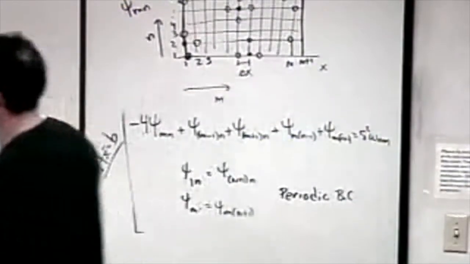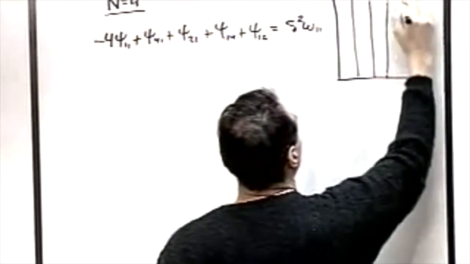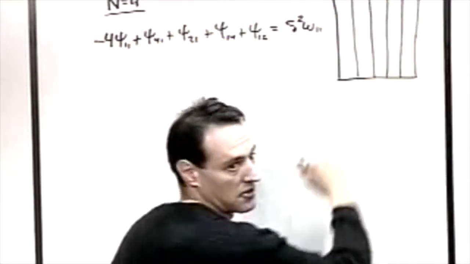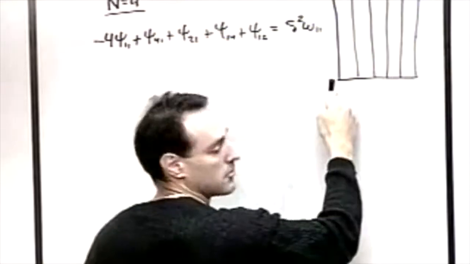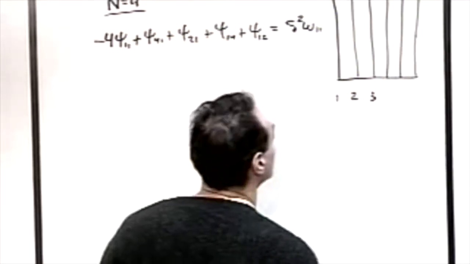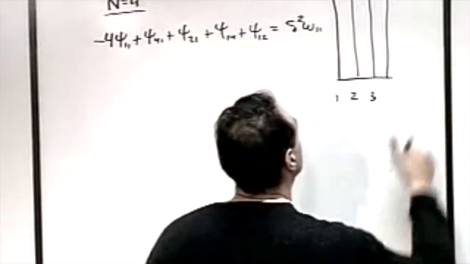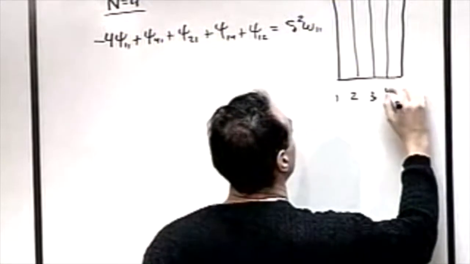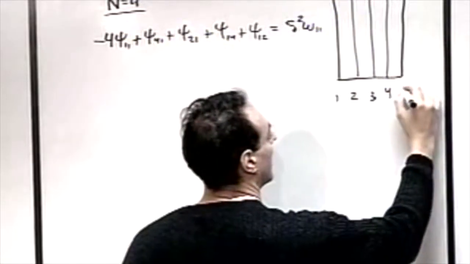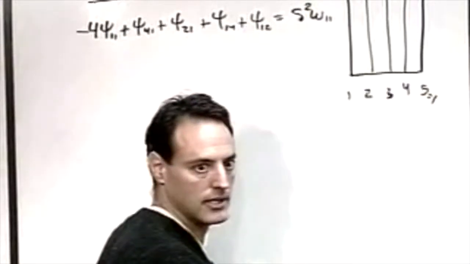So maybe I should just draw this over here. So n is 4, so we have basically 1, 2, 3, 4, and this fifth thing, that's n plus 1, is the same as the first. So I have 1, 2, 3, oops, sorry, 4, and then that's my 5, but 5 is equal to 1, right?